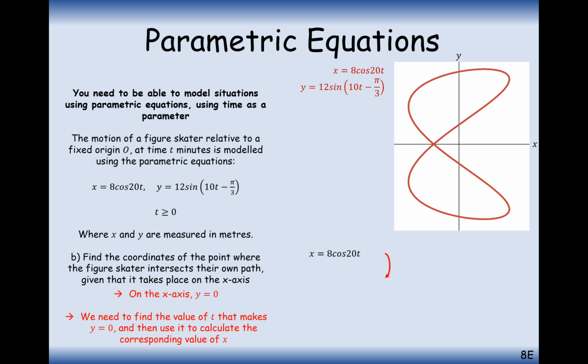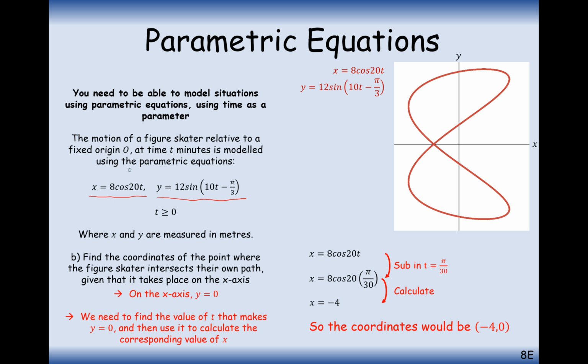So plugging in t equals pi by 30 into the x equation, we're going to get 8 cos(2 pi by 3), which will give you minus 4. So the coordinate where it links back onto itself is minus 4, 0. Just remember that you can use these parametric equations to represent coordinates. This one will work out the x-coordinate, this equation here will work out the y-coordinate.